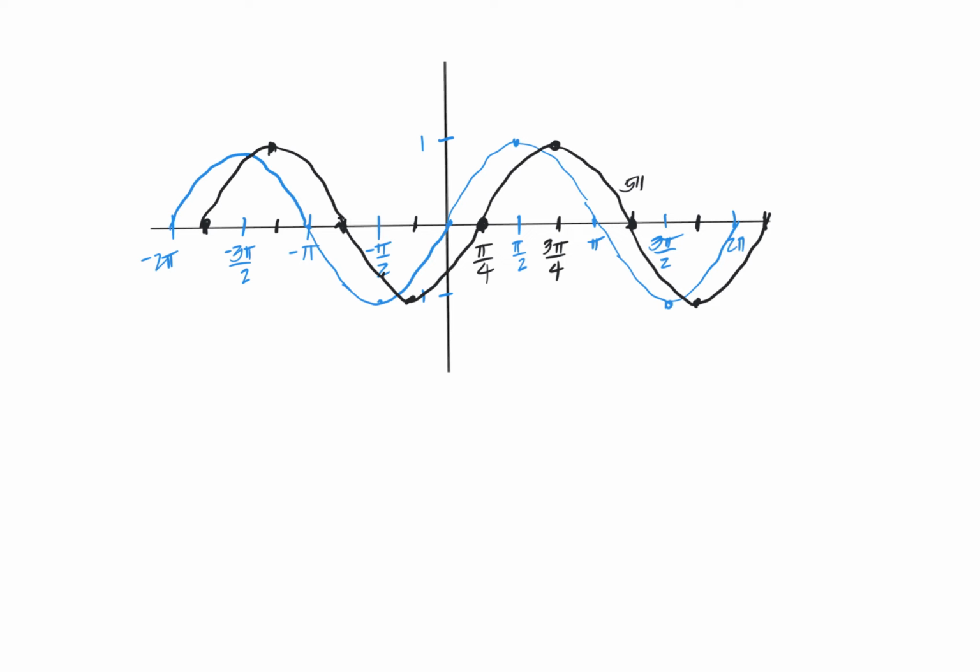Maybe I'll write it above. And then we have 7 pi over 4. And 9 pi over 4. Okay. 1, 3, 5, 7, 9.